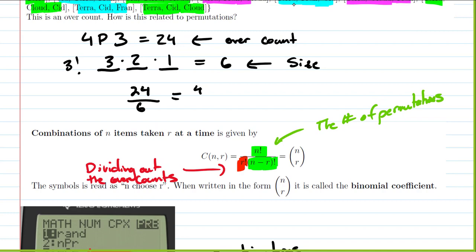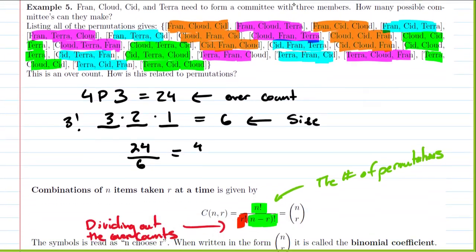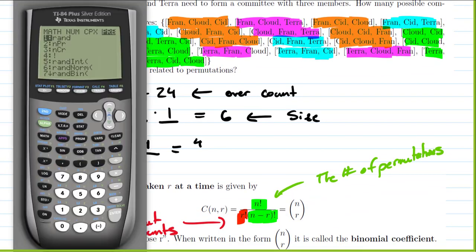And just like with the permutations, if we were to do our previous example, we would do 4 choose 3.